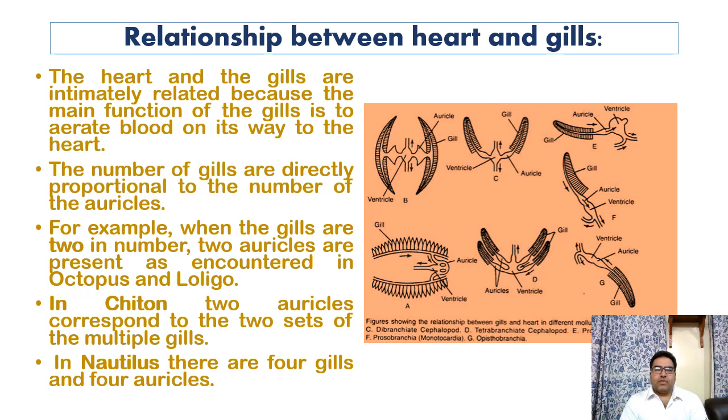Now we shall talk a little bit about the relationship between the heart and the gills in these mollusks. The heart and the gills are intimately related, because the main function of the gills is to aerate the blood.